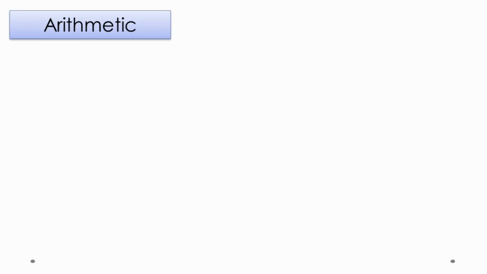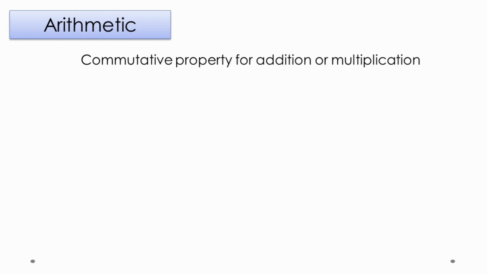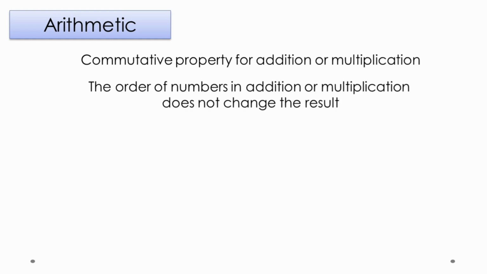Let's now move on and see how we have been using variables in arithmetic. Let's begin with commutative property for addition or multiplication of numbers. Commuting means interchanging. The order of numbers in addition or multiplication does not change the result. 4 plus 3 will be equal to 3 plus 4, or 4 multiplied by 3 will be equal to 3 multiplied by 4.